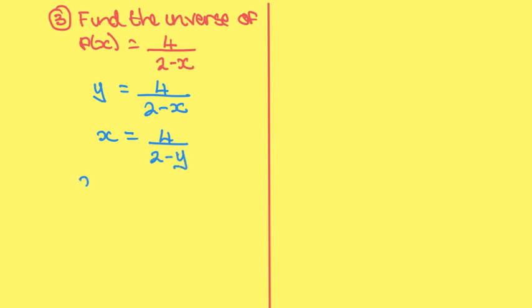Rearrange. So we get x times 2 minus y equals 4. Divide by x, so you get 2 minus y equals 4 over x.